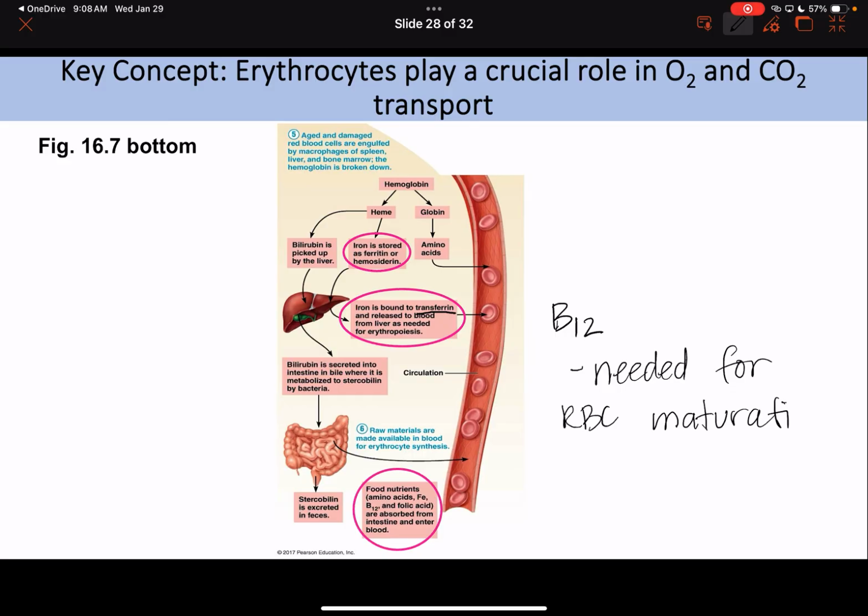If we don't have enough B12 in our diet, our red blood cells end up being larger than they should, and they don't last as long as they should. And the folic acid is also needed for red blood cell production, which is why it's really important that folic acid is part of prenatal vitamins.